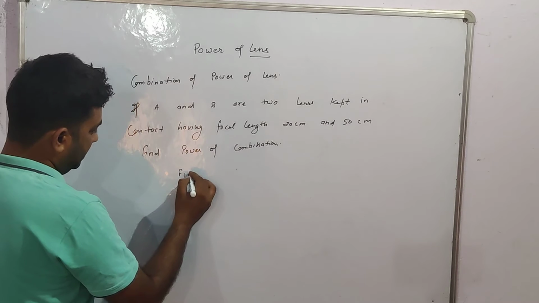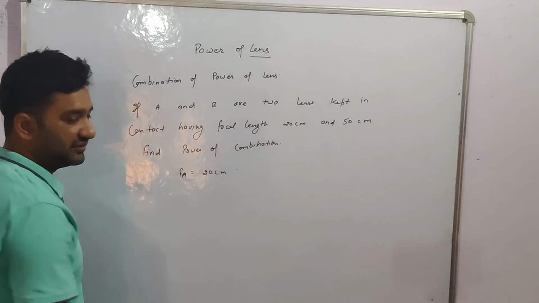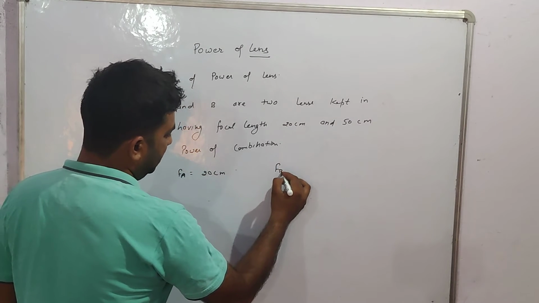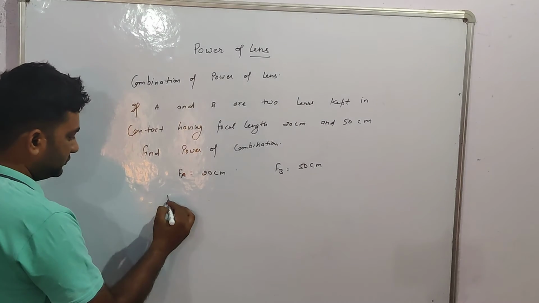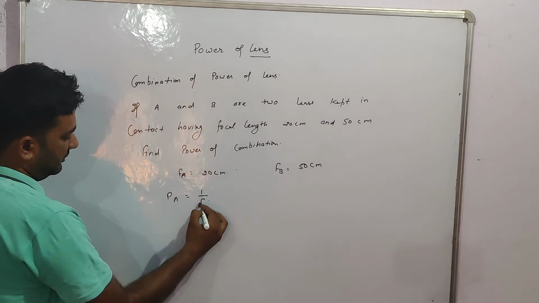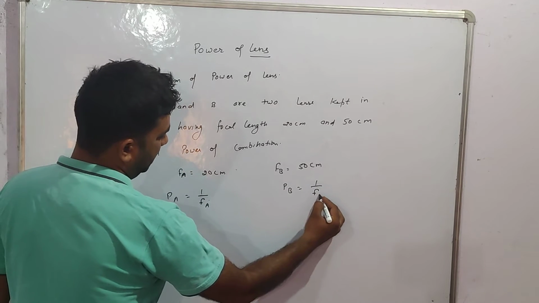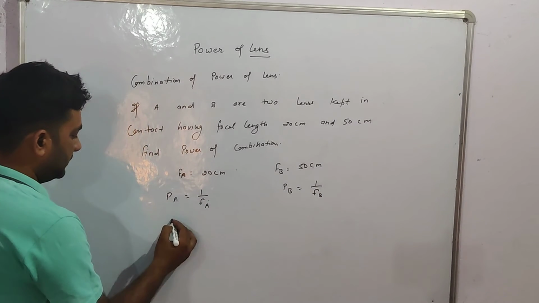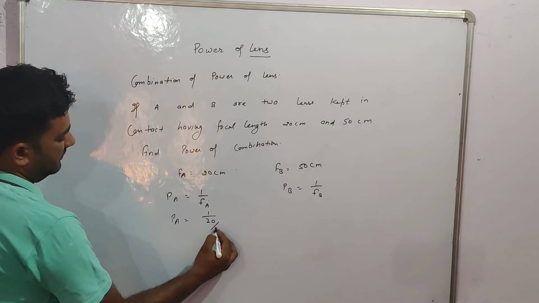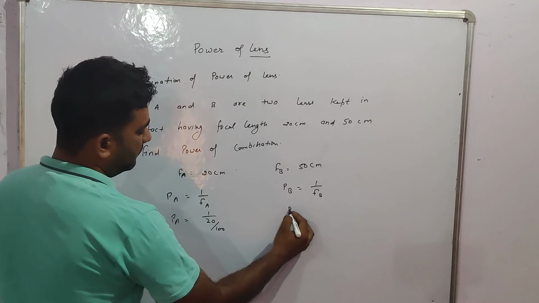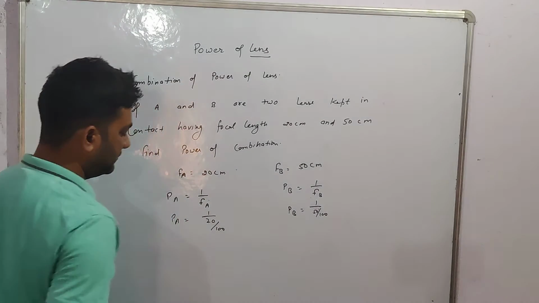So F1, or FA, is equal to 20 centimeter, FB is equal to 50 centimeter. So PA is equal to 1 by FA and PB is equal to 1 by FB. So PA is equal to 1 by 20 by 100, PB is equal to 1 by 50 by 100.